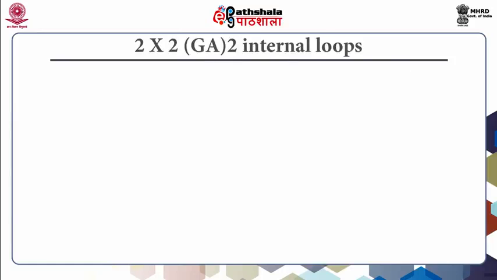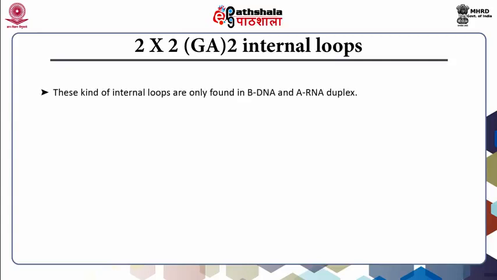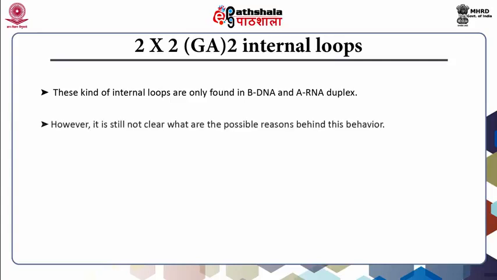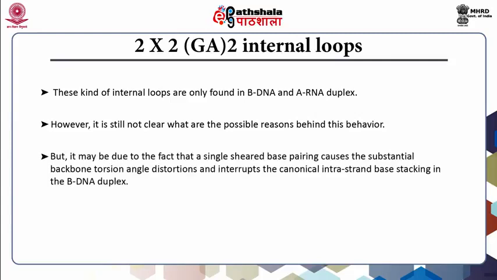Another kind is 2 into 2 GA internal loops. These kinds of internal loops are only found in B-DNA and A-RNA duplex. However, it is not clear what the possible reasons behind this behavior are, but it may be due to the fact that a single shared base pairing causes substantial backbone torsion angle distortion and interrupts the canonical intra-strand stacking at the B-DNA duplex.